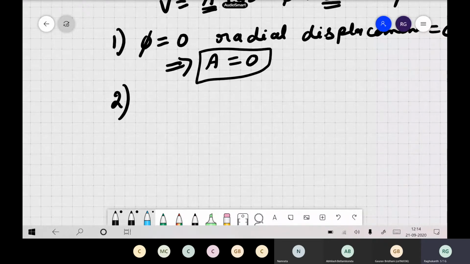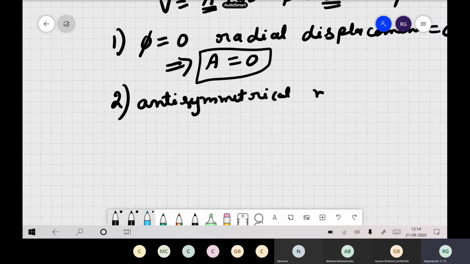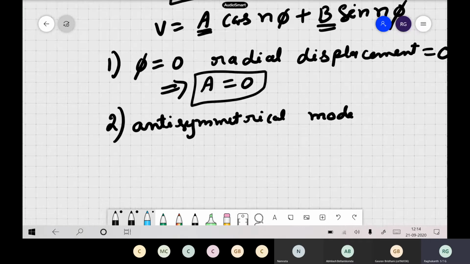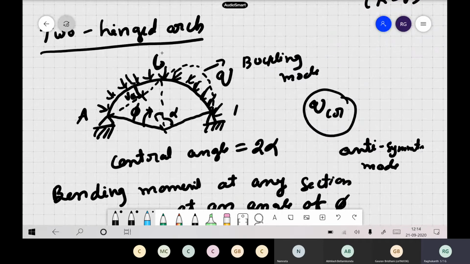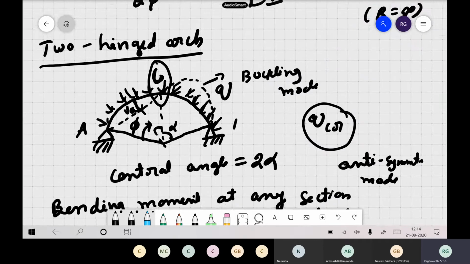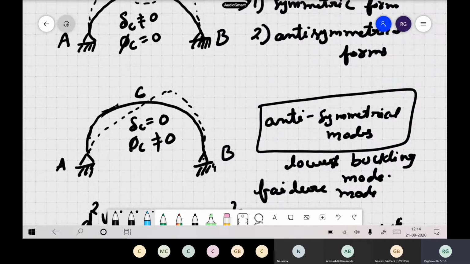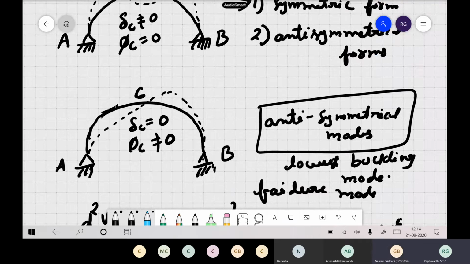Now suppose it is the anti-symmetrical mode. If it is the anti-symmetrical mode, what will be the deflection at C, the crown? What will be the deflection at C? So if it is anti-symmetrical mode, at C the boundary condition is that deflection is 0.